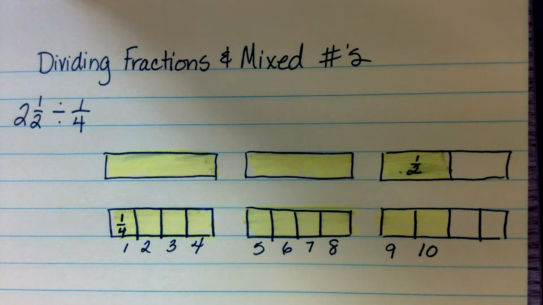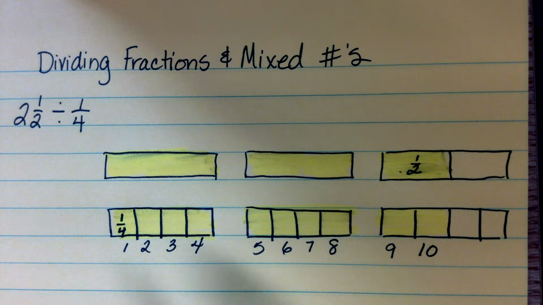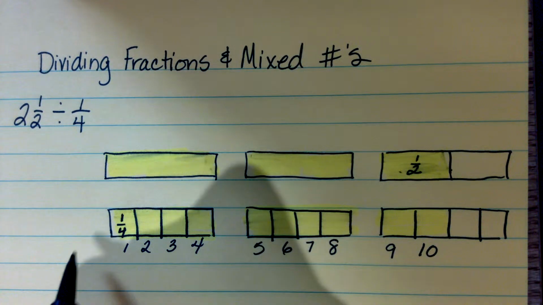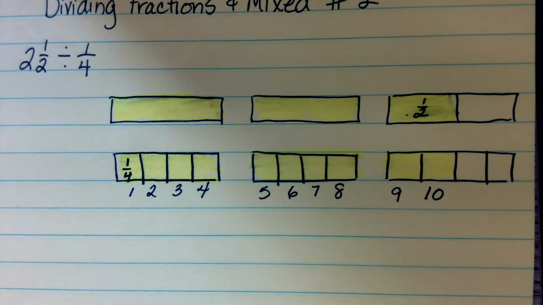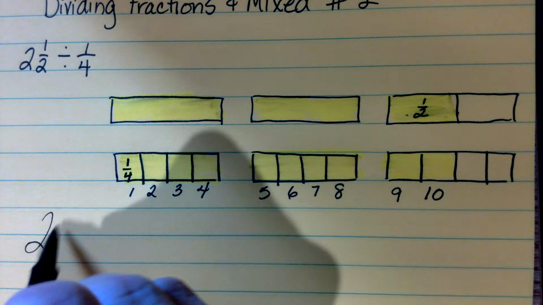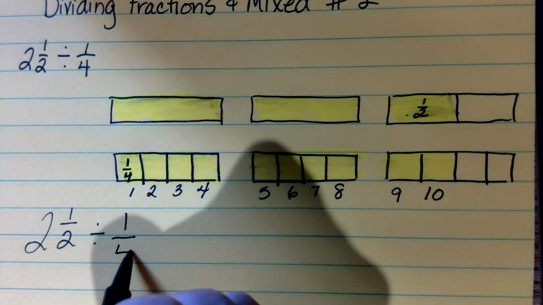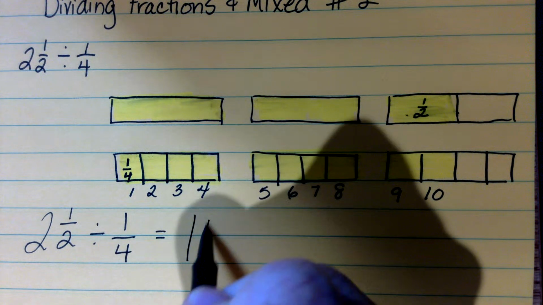So 10 1/4 bars are equal to 2 1/2. Therefore, 2 1/2 divided by 1/4 equals 10.